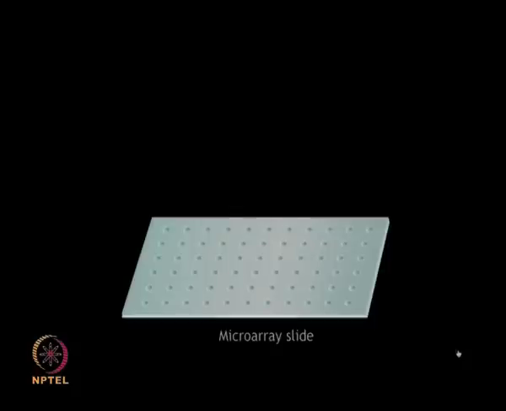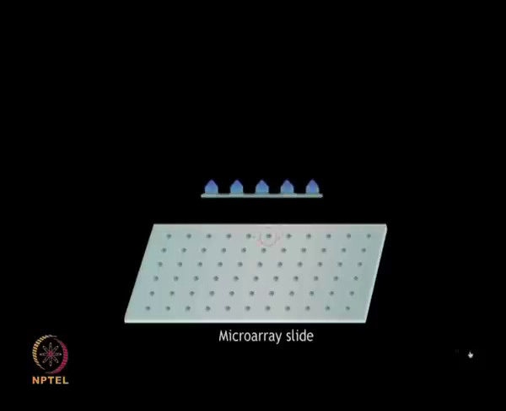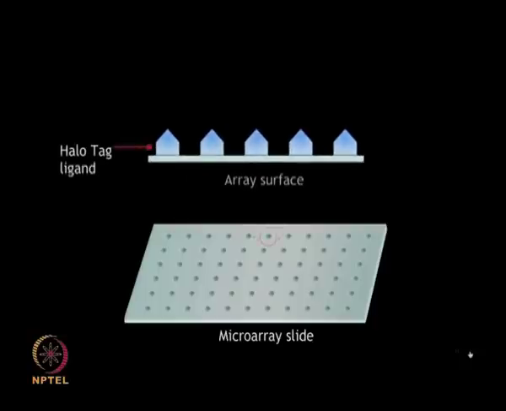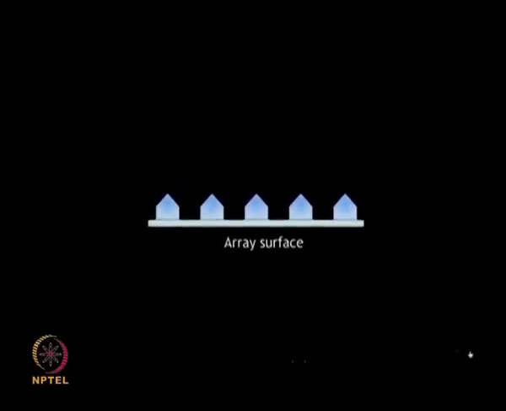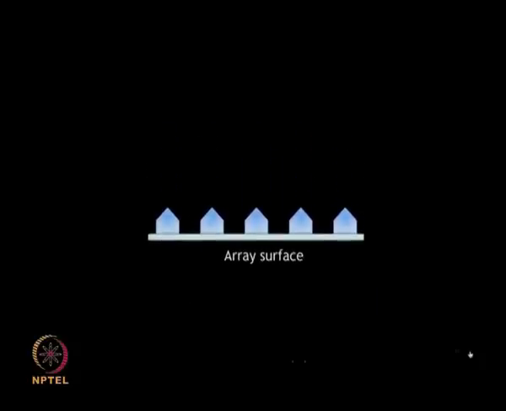HaloTag technique. In HaloTag technique, the slide is activated with the HaloTag ligand, which captures the expressed protein through firm covalent interaction, which prevents any material loss and ensures oriented capture of the protein.